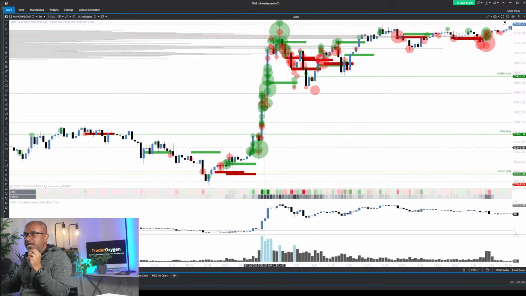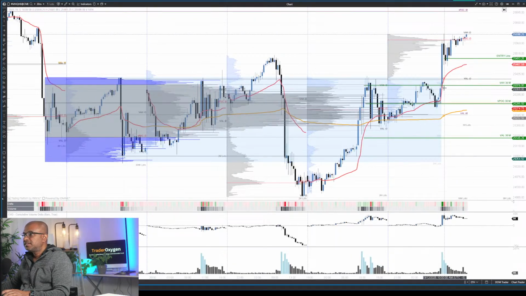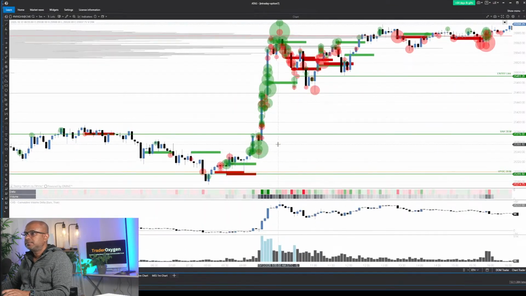When we see the price break away, these are these green lines. It broke from, you can see the label here, the value area high in the 30 minutes. See this line over here, I move my mouse, value area high, it broke up. That's what you see in the 5-minute chart. It breaks away from the value area.